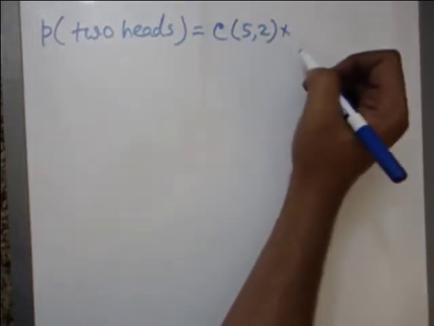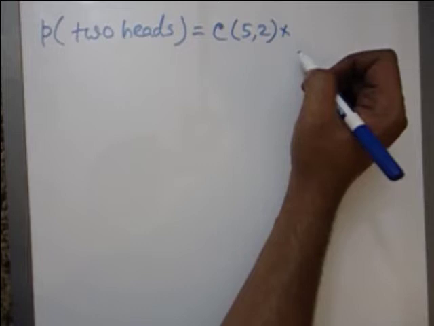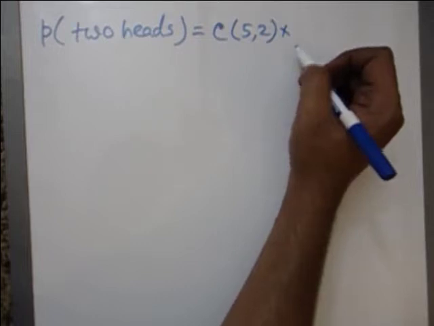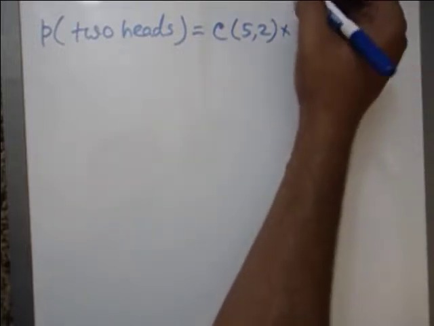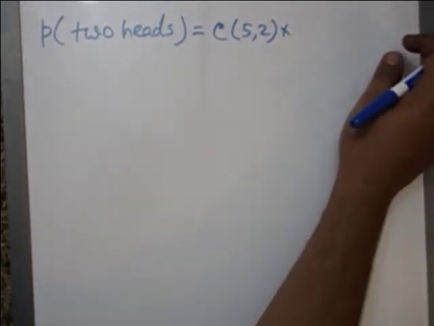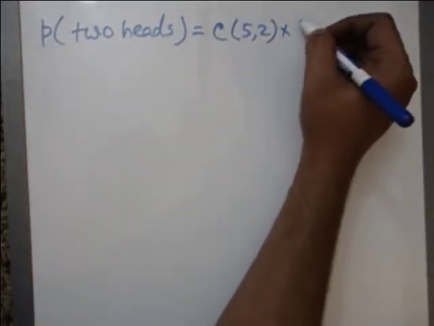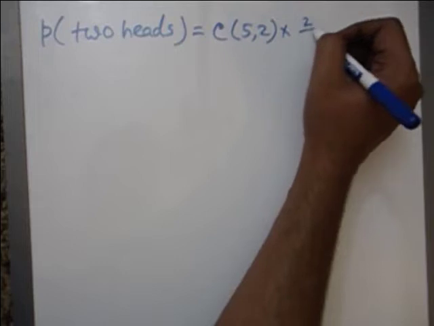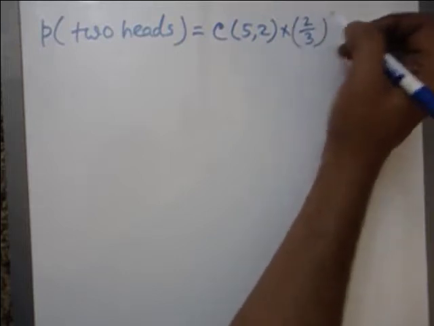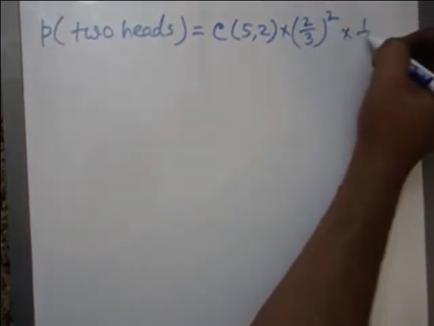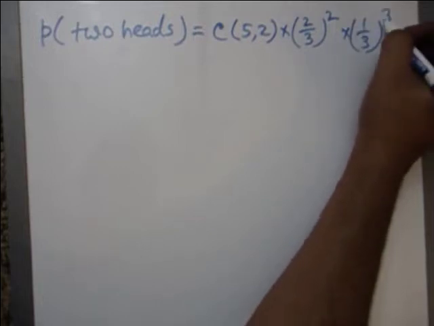5 choose 2 different ways you can have two heads from 5 coin tosses, and for each of them you need to multiply with the figure that we just had. So 2/3 squared times 1/3 cubed.